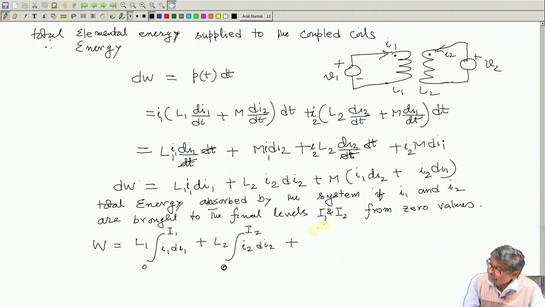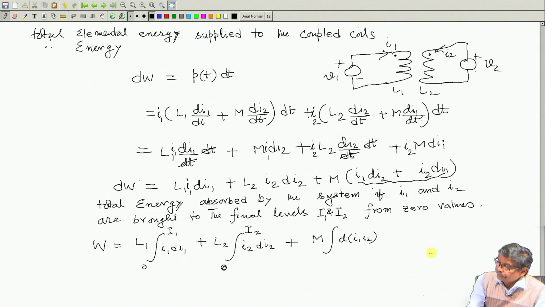And for this one, these two terms, I1 dI2 plus I2 dI1, can be written as d(I1 I2), product of differentiation. And then I should write the limit of I1 I2, which was 0, and finally is the I1 I2 product.